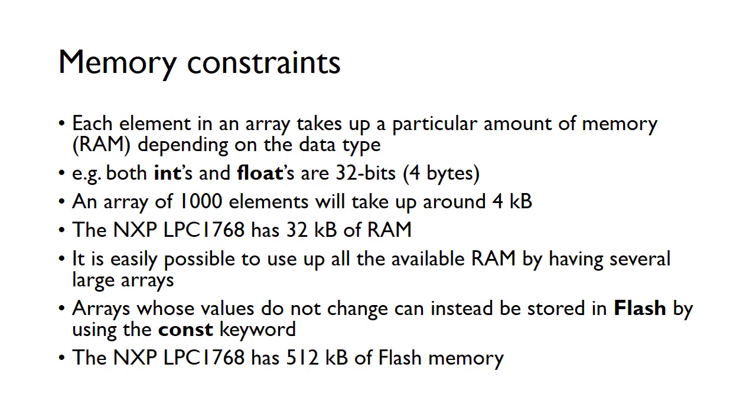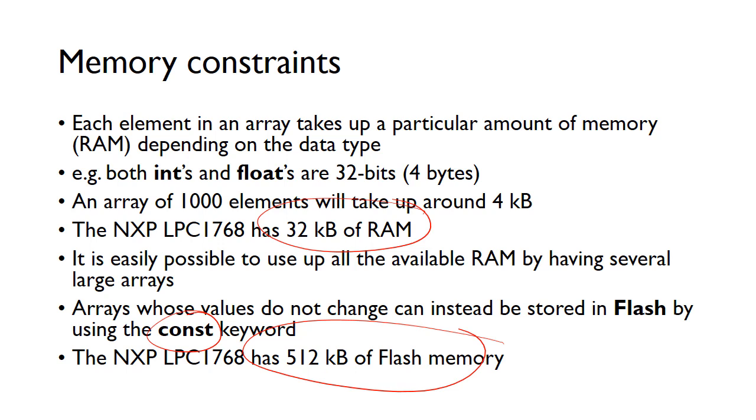In fact, if you create an array whose values don't change, it's possible to store it in flash over RAM, and we do that using the const keyword. This same microcontroller has 32 kilobytes of RAM, but it's got half a megabyte of flash memory, so much more flash than RAM.